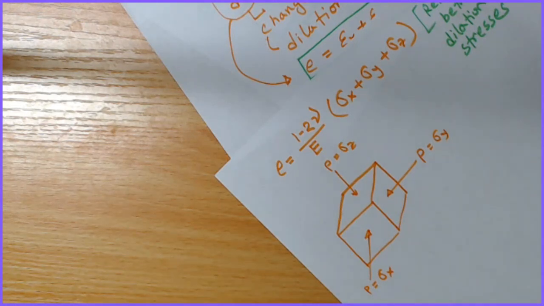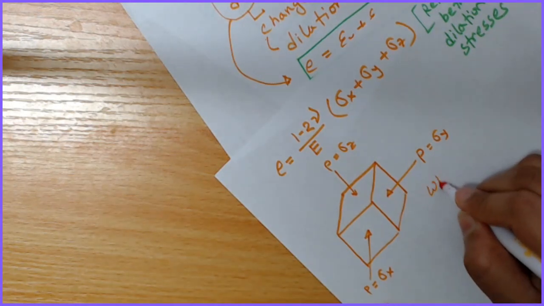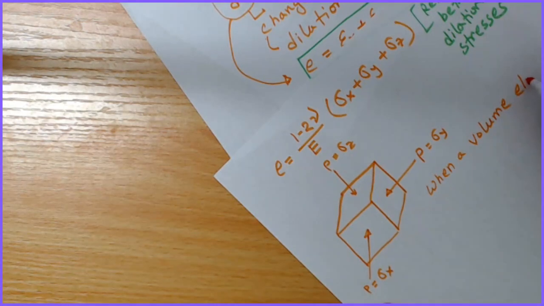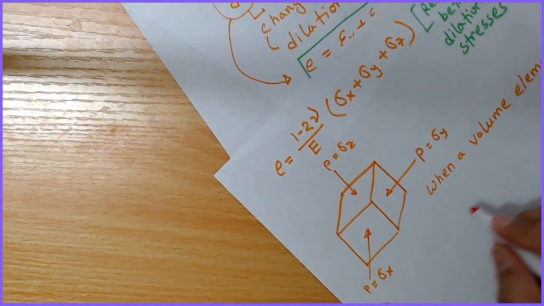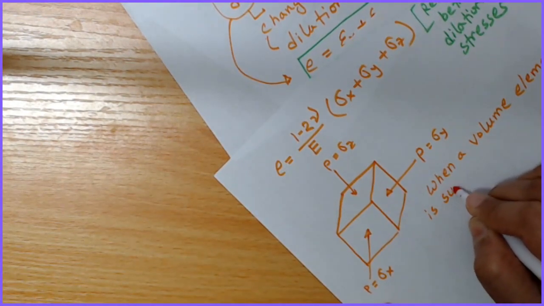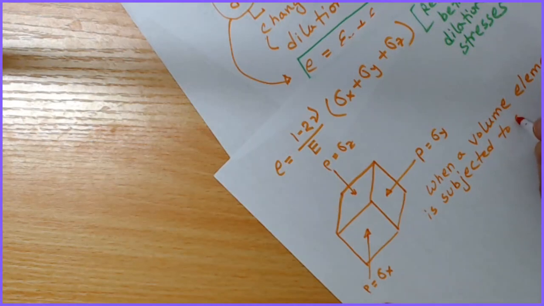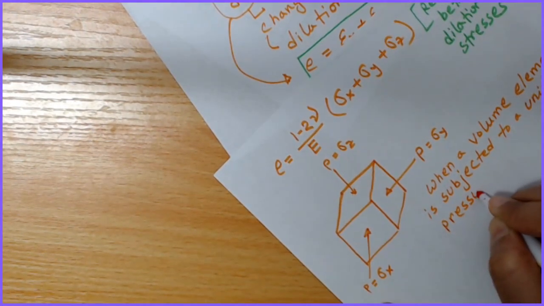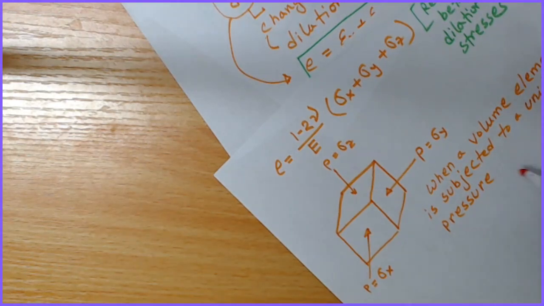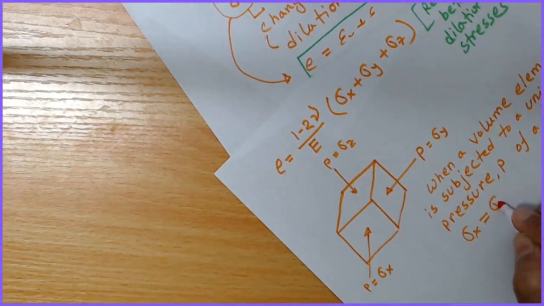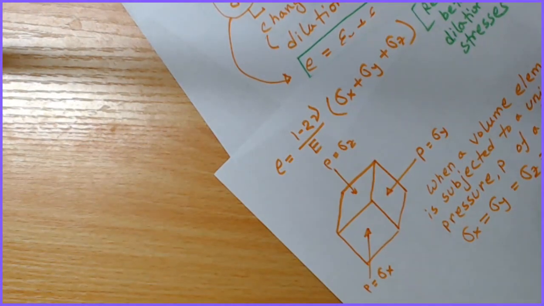So when a volume element is subjected to a uniform pressure P of a liquid, we can write sigma x equal to sigma y equal to sigma z equal to minus p.